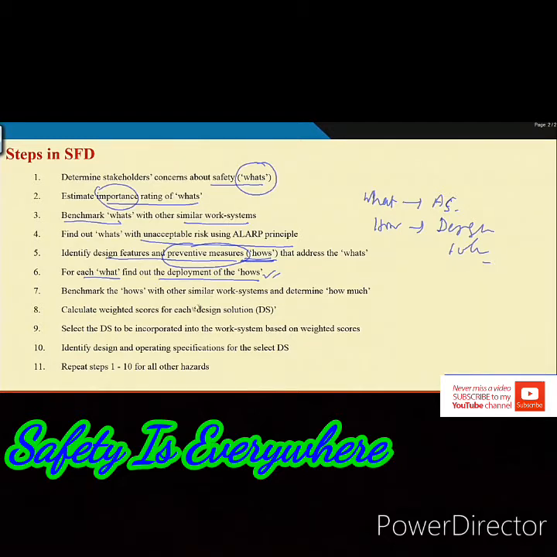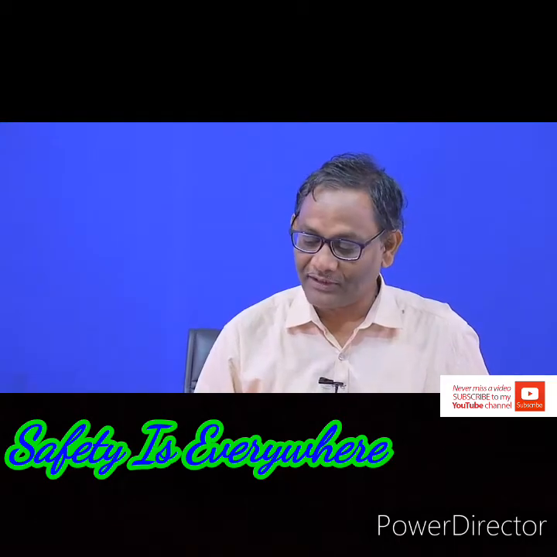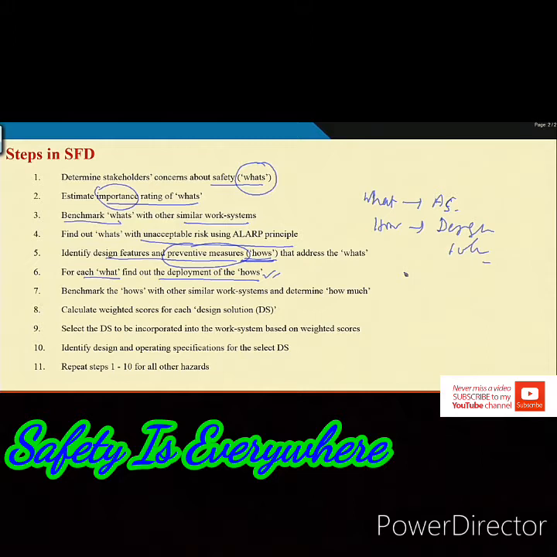So ultimately using this approach you may find out some solution, and it may so happen that better solutions are available in other systems. So that's why, to know whether your solution is the best one or not, you require to know the benchmark hows with other similar work systems and determine how much risk can be reduced. So you have found out the how through SFD, safety function deployment concept, you found out some design solutions.